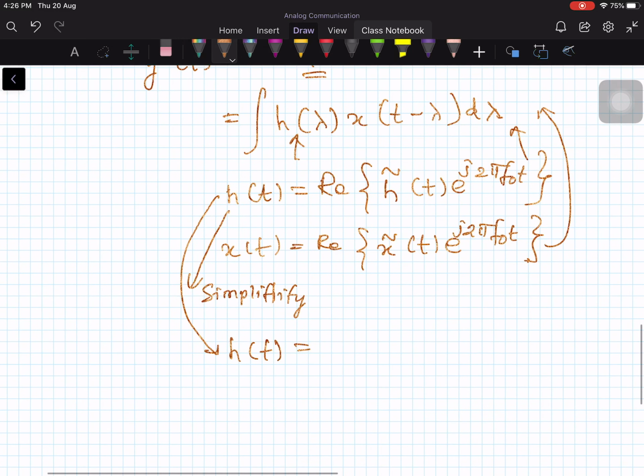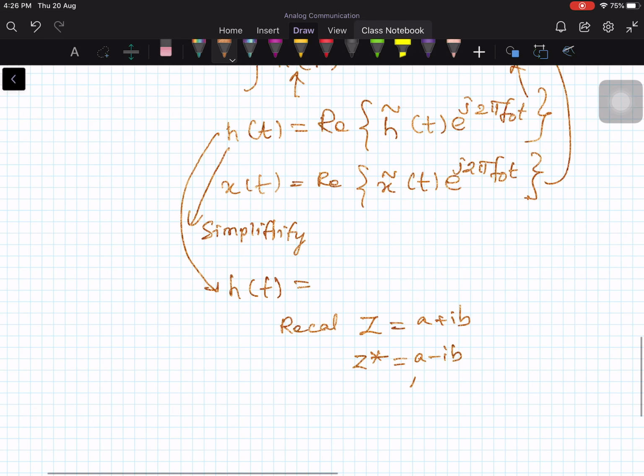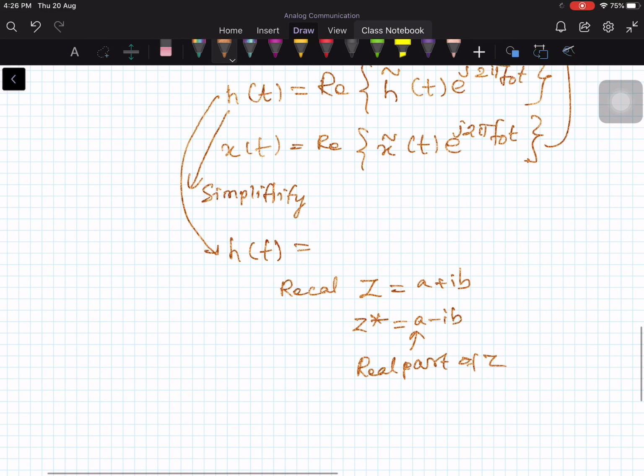Recall, if you have a complex number, let's say z equal to a plus ib, what is its complex conjugate? z star equals a minus ib. Now what is a? a is the real part of z. So how do you find the real part of z?